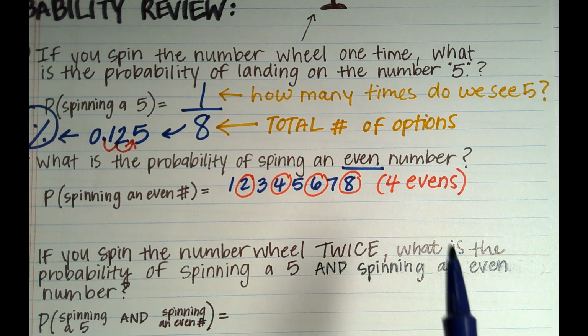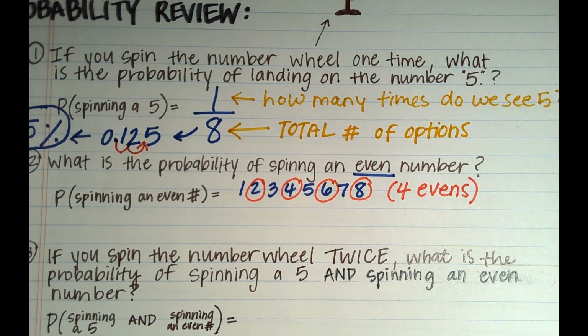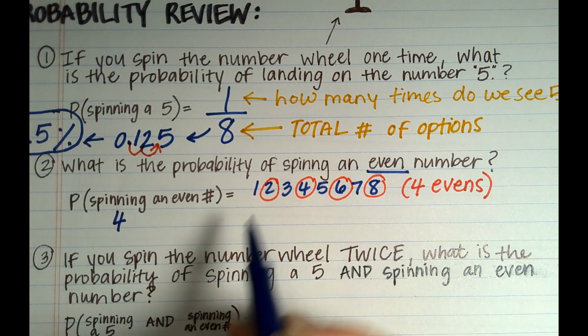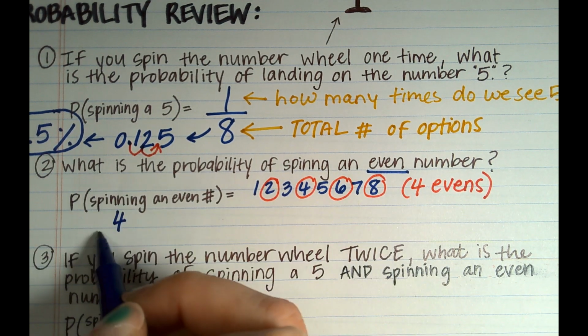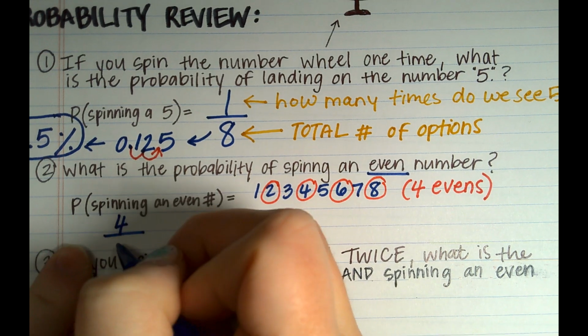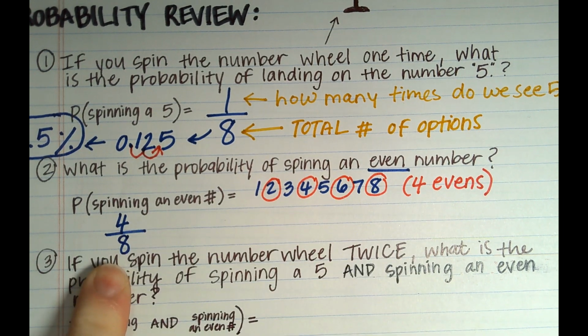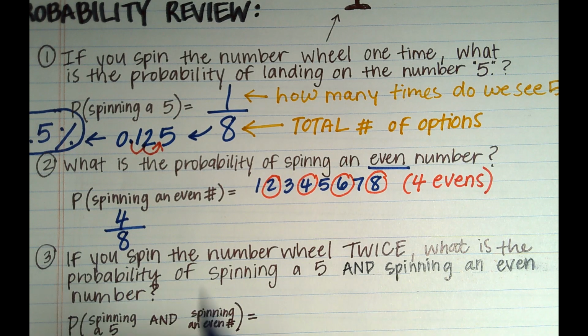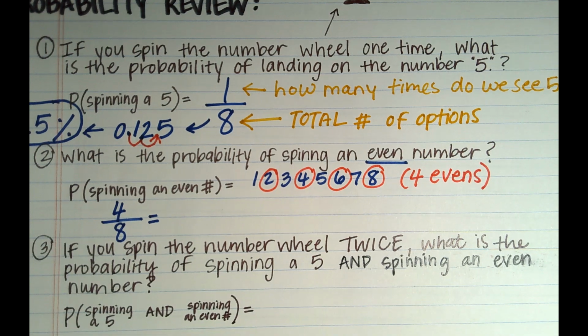So what number goes on top of the fraction here? 4. I could spin an even number 4 different times. What would go on bottom? 8. And that number 8 does not change because there's still 8 options total. So 4 out of 8 would be our fraction here.